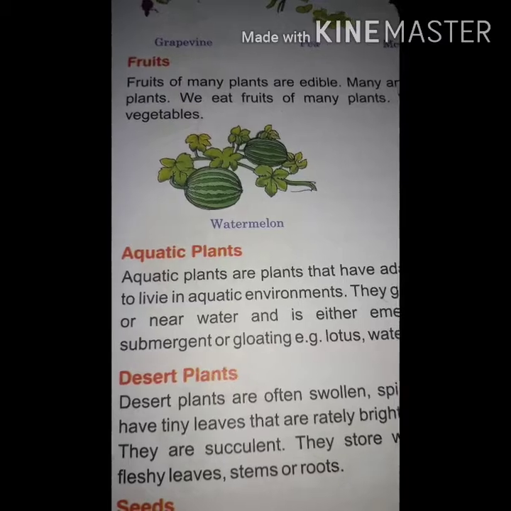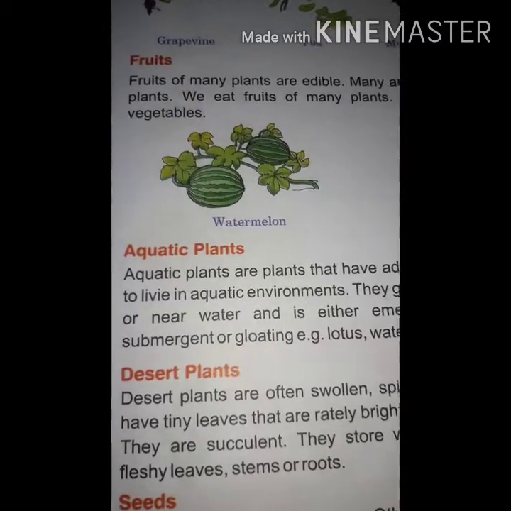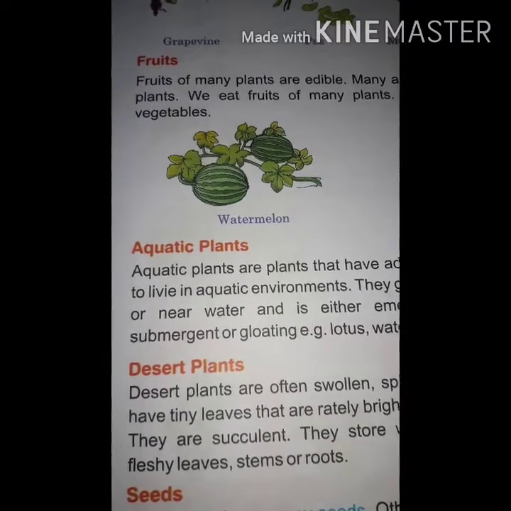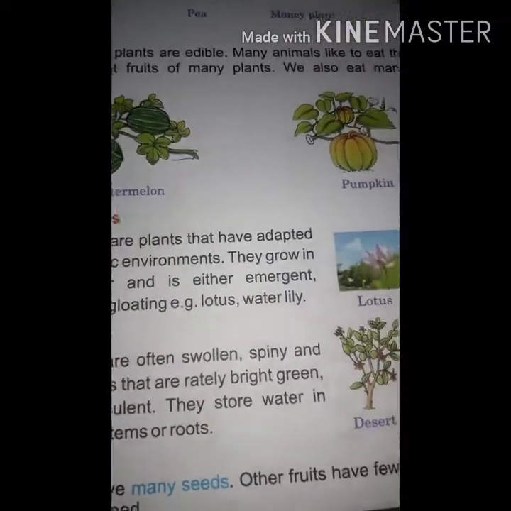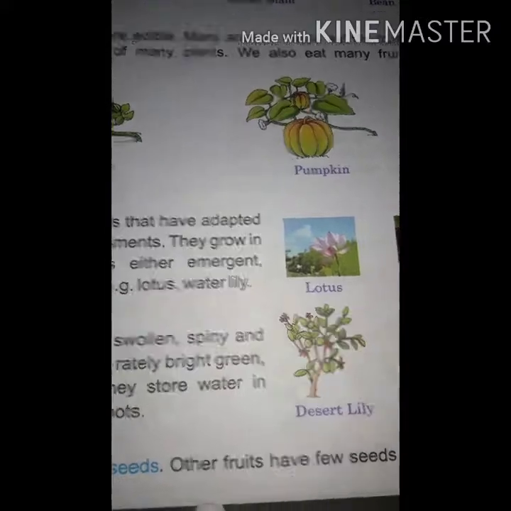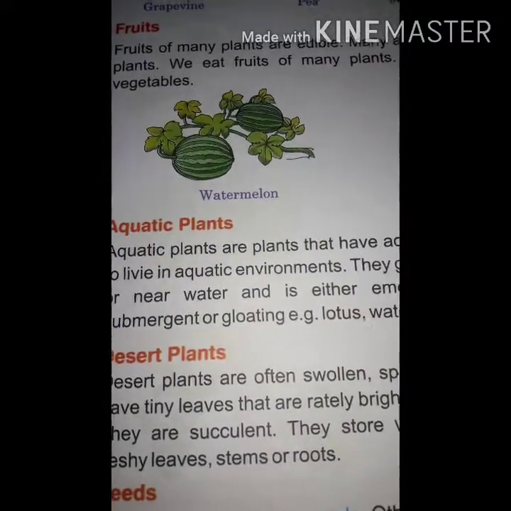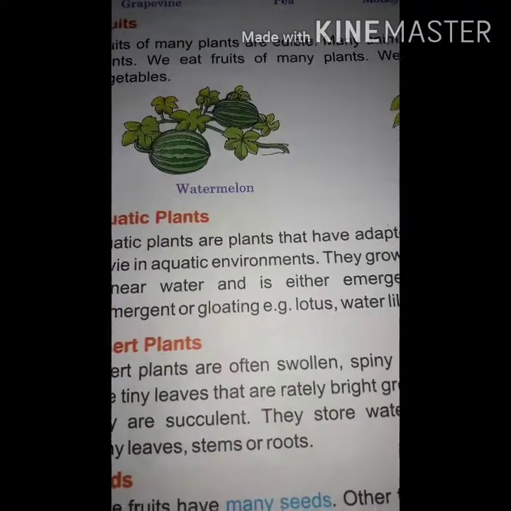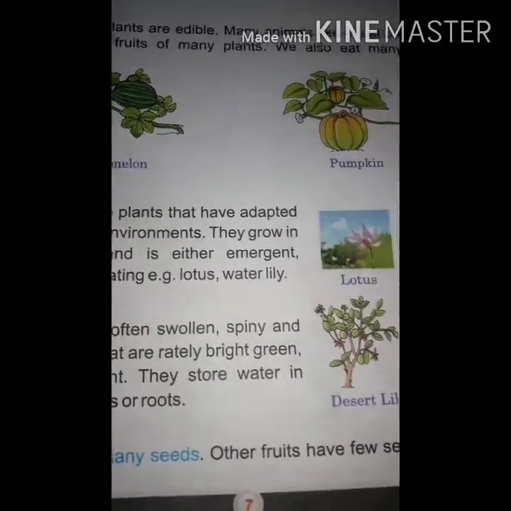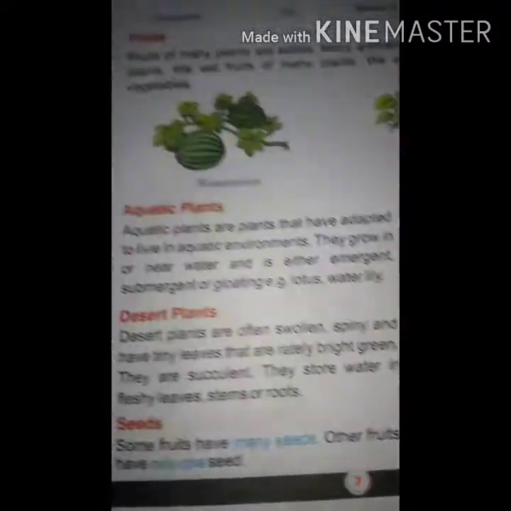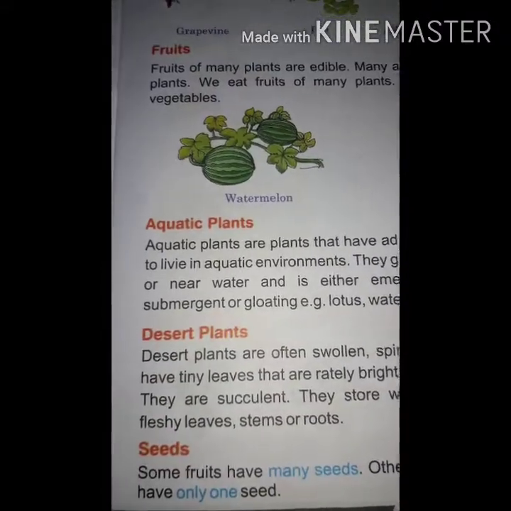Fruits. Fruits of many plants are edible. Edible means which can be eaten. Many animals like to eat the fruits of plants. We eat fruits of many plants. We also eat many fruits as vegetables.